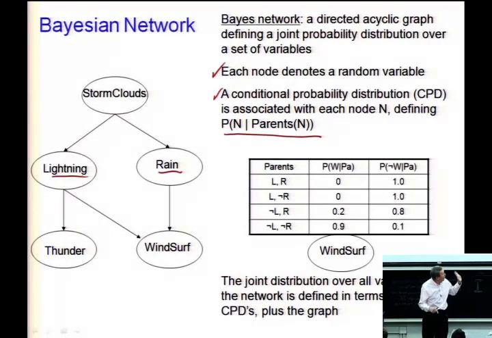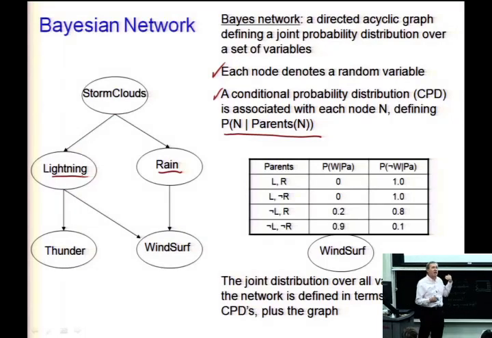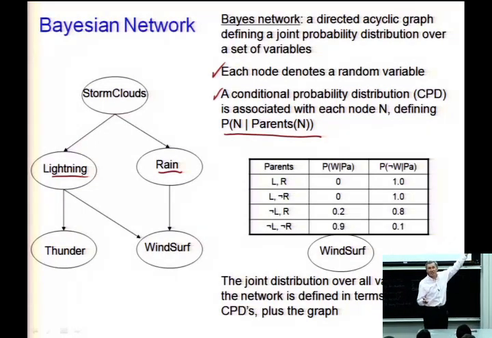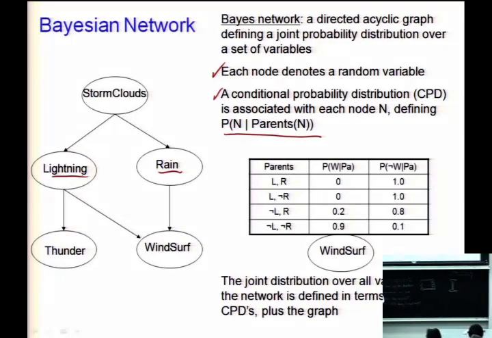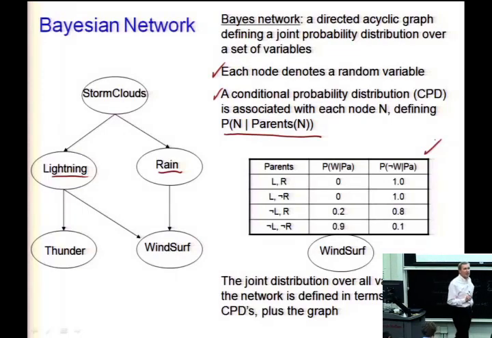And so what we need to do for the windsurf node is provide the specification of how windsurf, let's say each of these is a Boolean variable. So we need the probability distribution on windsurf being true or false, conditioned on the probabilities for the two random variables, lightning and rain. And here is such a conditional probability distribution.